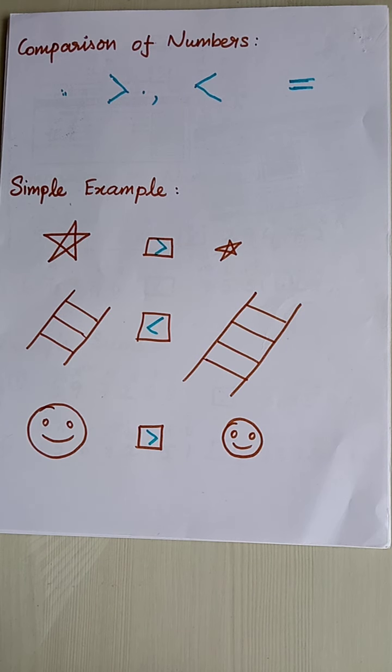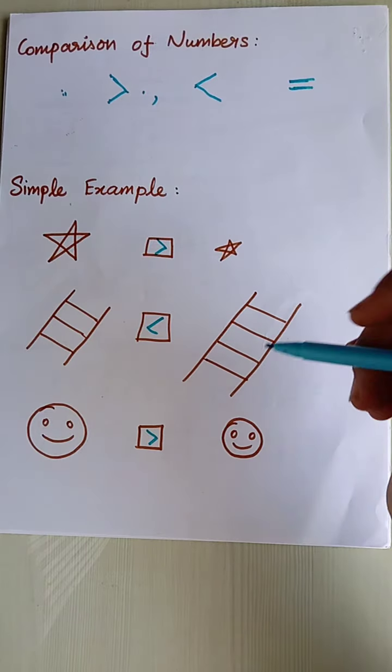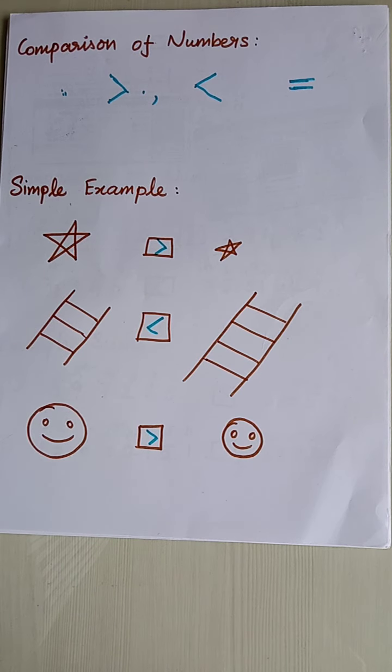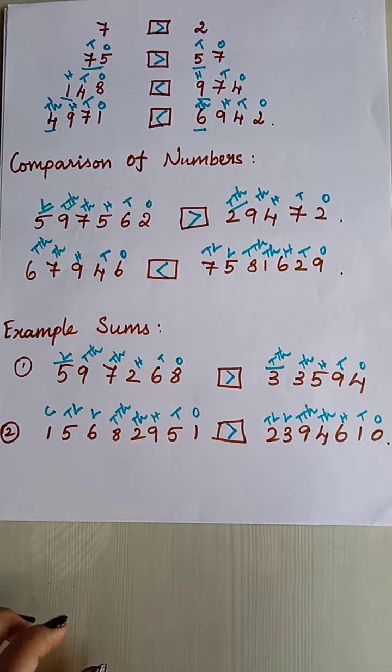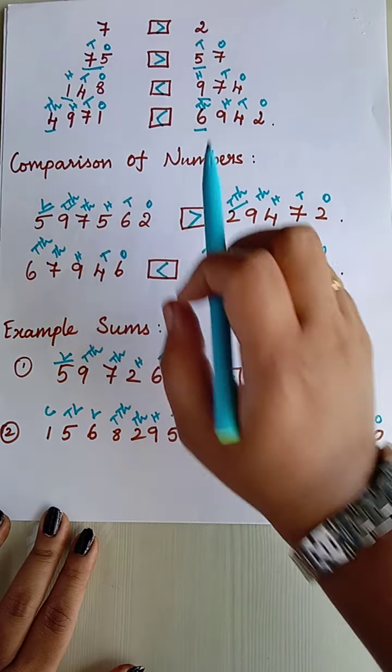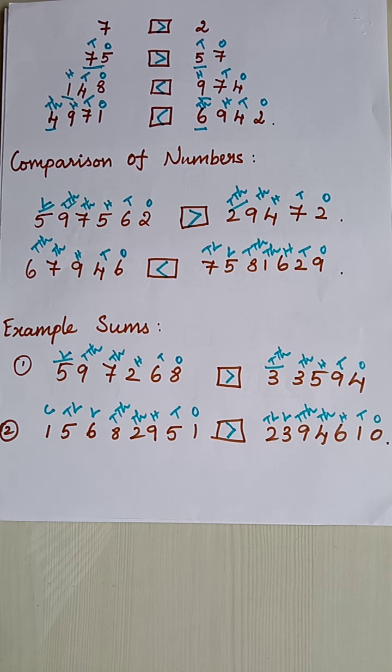Then in lower classes you have learned the greatest number and smallest number by using drawings and pictures. You can easily identify which one is largest and which one is smallest. But now we have learned by using numbers. In lower classes, in worksheets, they used to give problems like this and ask you to compare the values.